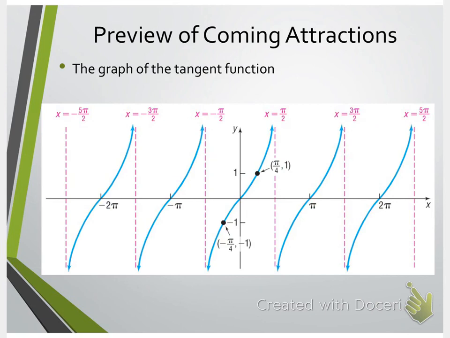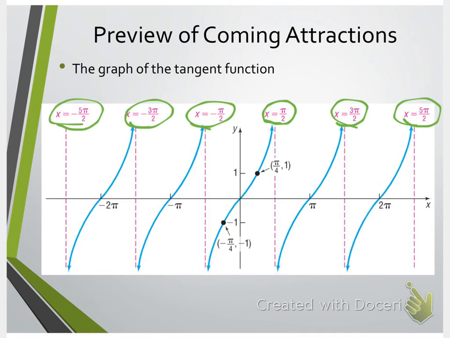Now, I'm going to do another video for the remaining sections, but I did want you to think about it. The graph of the tangent function looks like this. It has vertical asymptotes. See them here? Why do you guess that is? Go back to your unit circle. Look at pi over 2.